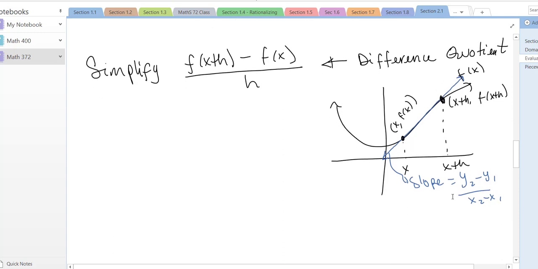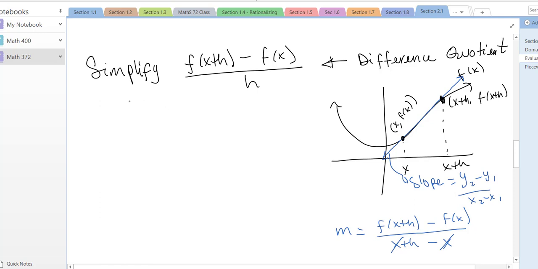And so notice when you do this, the slope is the y value, so f of x plus h minus y1, f of x, over the difference in the x's, right? x2 is x plus h minus x1, which is x. And these x's cancel, leaving you with just h. So that's the difference quotient. So the difference quotient is the slope of the line that connects the point x plus h.